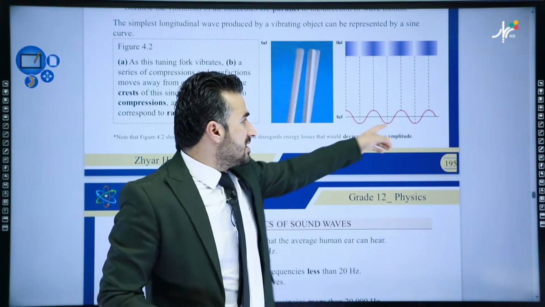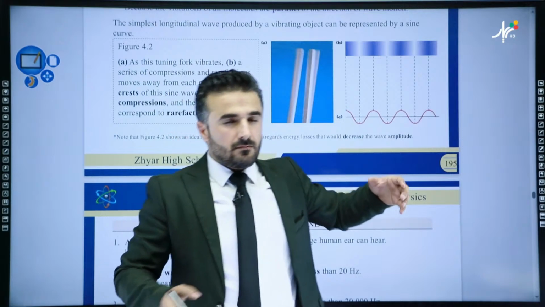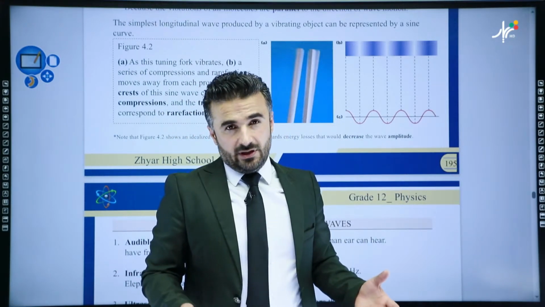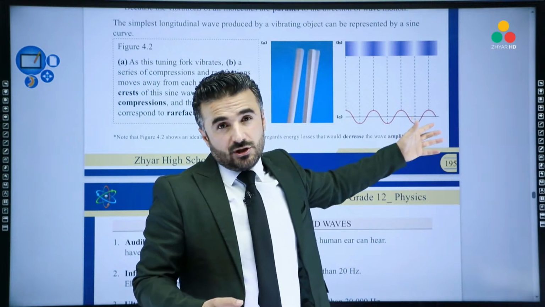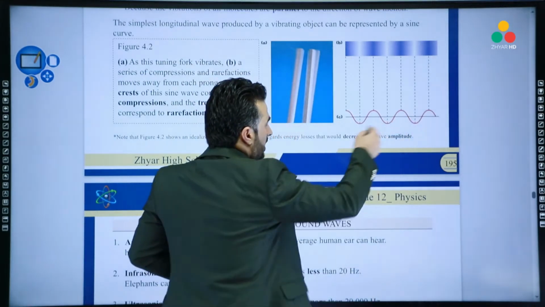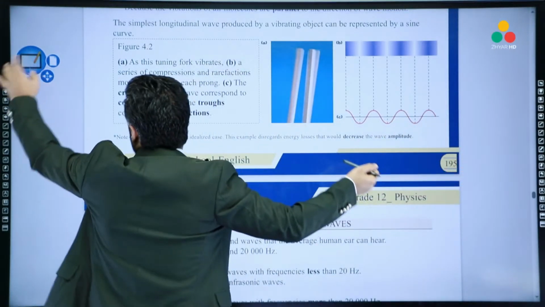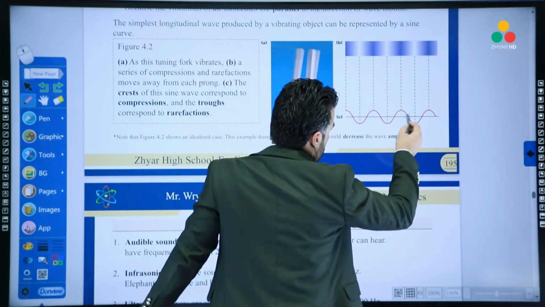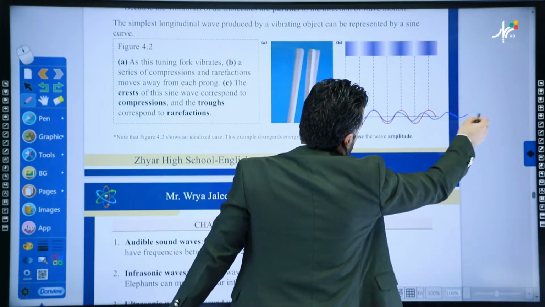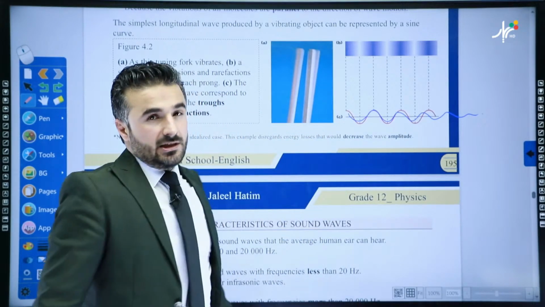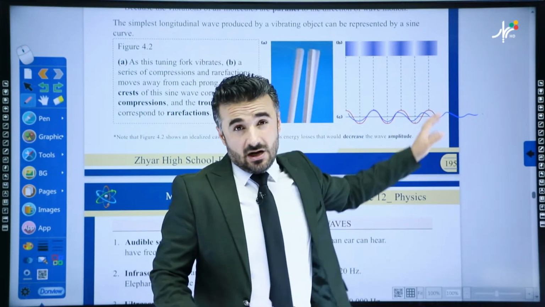Energy is related to the amplitude, so the amplitude doesn't decrease here because we're idealizing this situation. Otherwise you would see that the amplitude of the sound wave would become less and less until it eventually touches the horizontal line, where there is no sound at all.